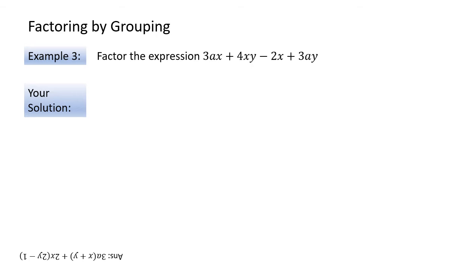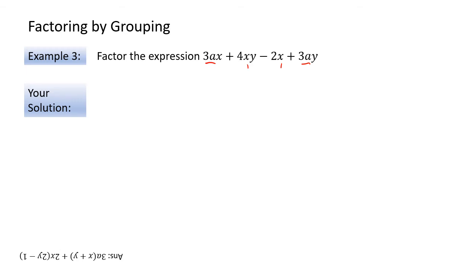So with that, let's look at a few examples. Factor the expression 3ax plus 4xy minus 2x plus 3ay. I'm going to follow the same method that I did in the previous slide. I see a term with a 3a and a 3a, and I see a term here with an x and an x.